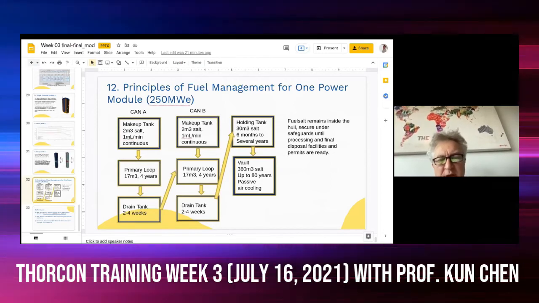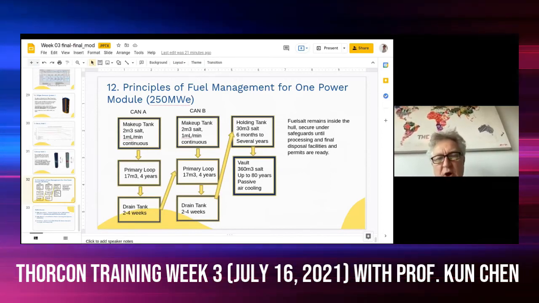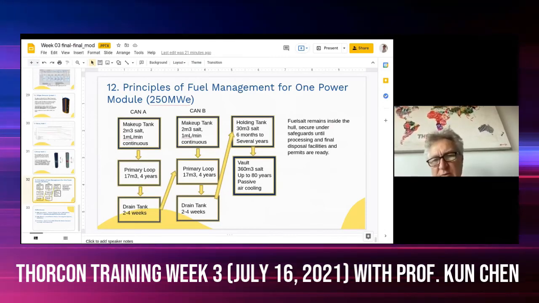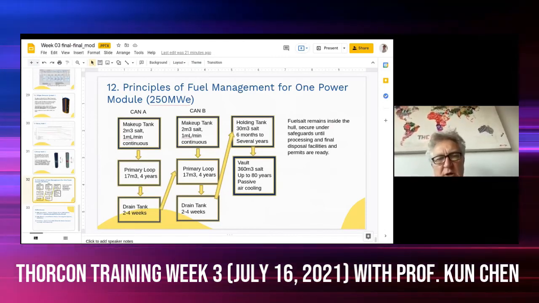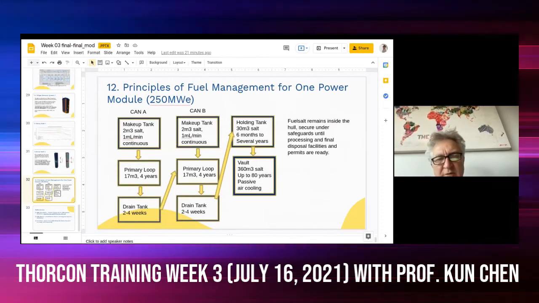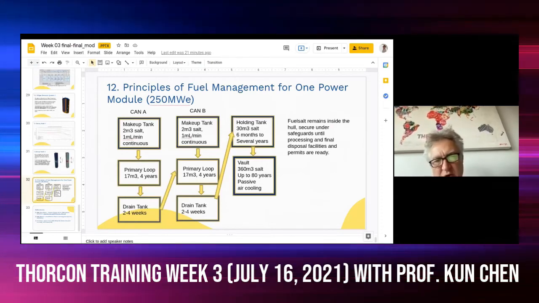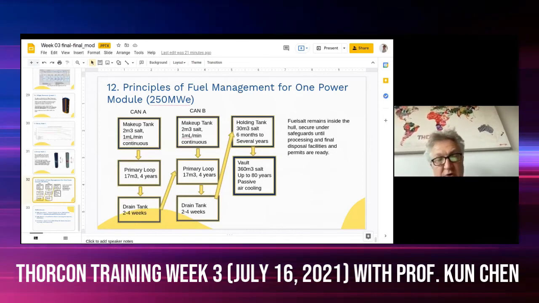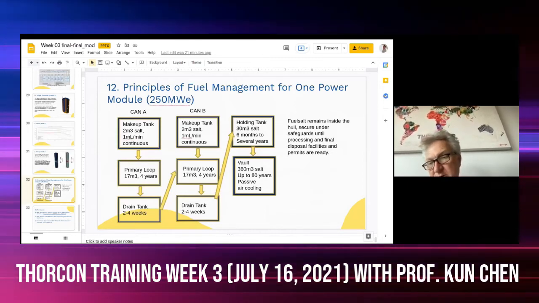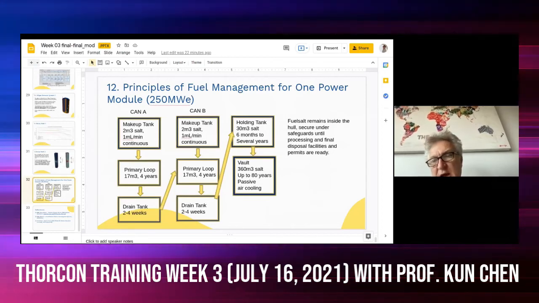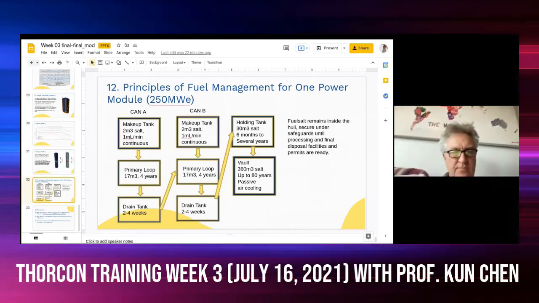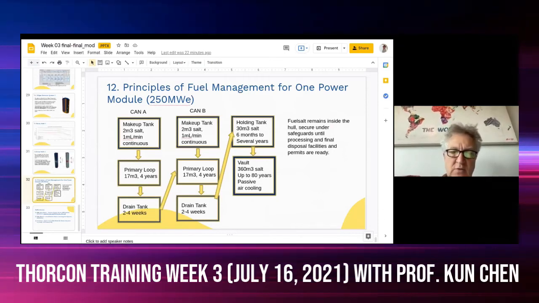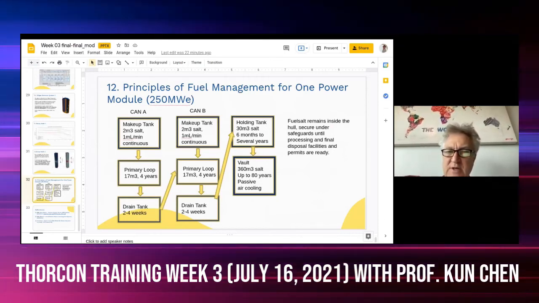So the limit on how often you can reuse the fuel is due to trifluoride solubility in the salt. The trifluorides consist of uranium trifluoride and plutonium trifluoride, and then the fission products trifluorides. And as a group, the solubility is about 1% molar, and so we limit it to around 0.8% molar.